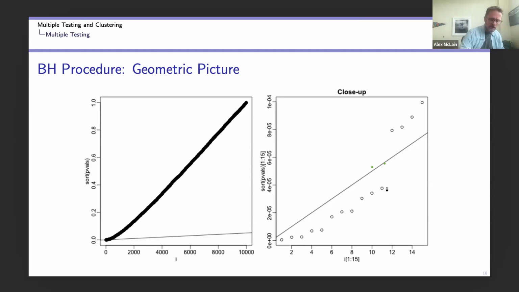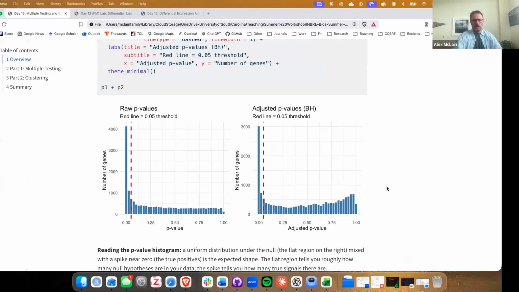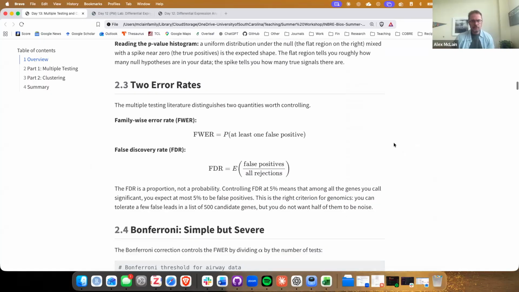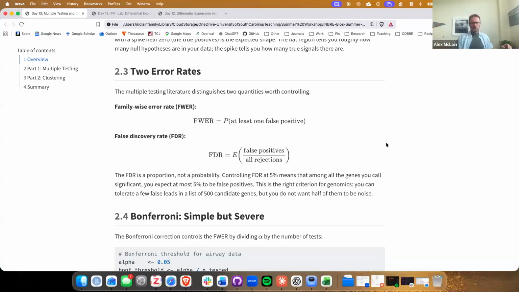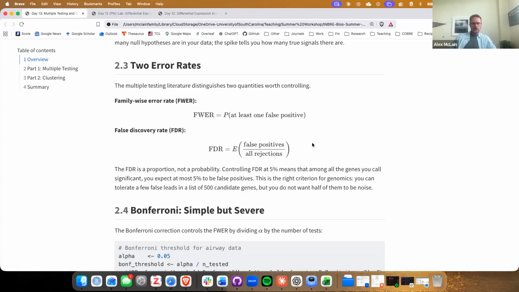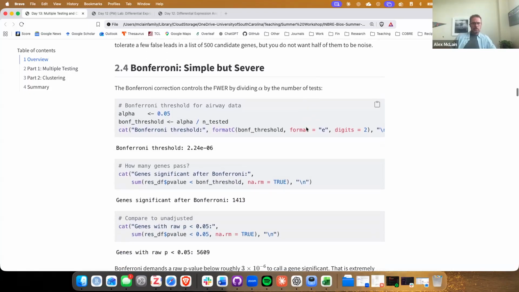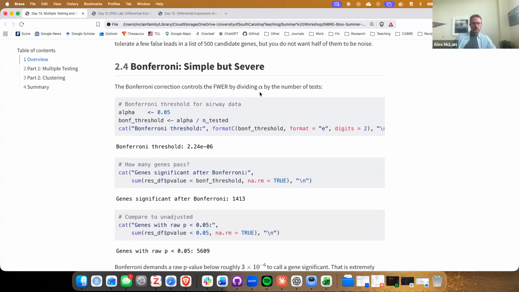Okay, let's take a look at these two procedures in our airway data set. The Bonferroni is going to control the family-wise error rate, the probability of at least one false positive. The FDR is going to control the false discovery rate, the rate of mistakes. So here in this situation, our alpha is 0.05, with the number tested.